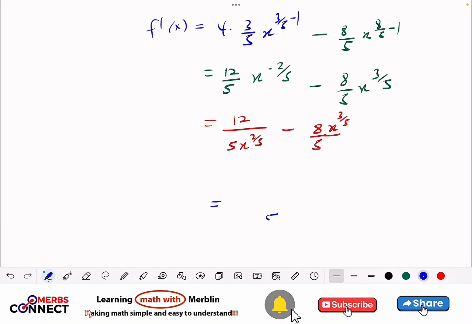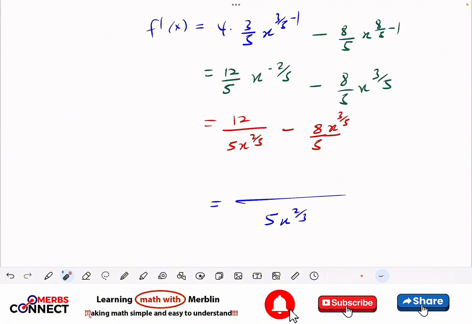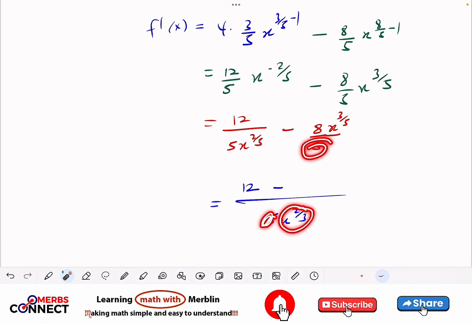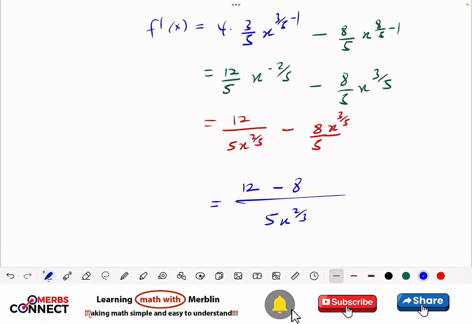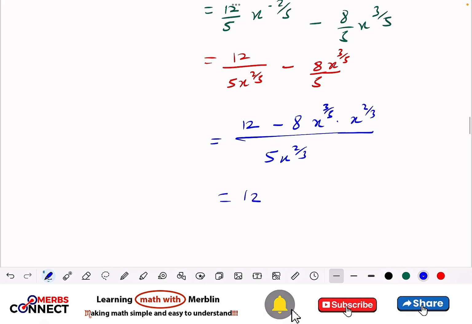So this is 5x to the power 2 on 3 divided by. So this one goes here, 1, and this one will be 12 minus, this one goes here, to be left with this multiplying this. So I'm going to have 8x to the power 3 on 5 times x to the power 2 on 3. So this is 12 minus 8.